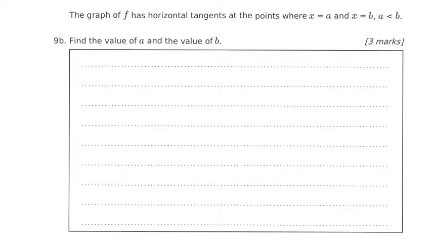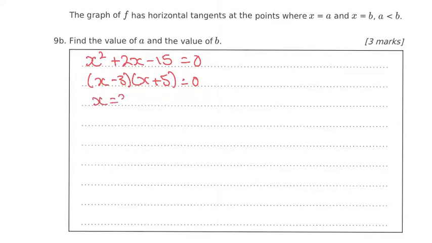For horizontal tangents, the gradient is equal to 0. So we know that x squared plus 2x minus 15 is equal to 0. Factorize: x minus 3, x plus 5 is equal to 0. So x is 3 or x is minus 5.